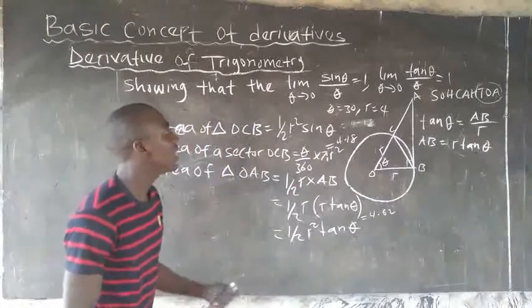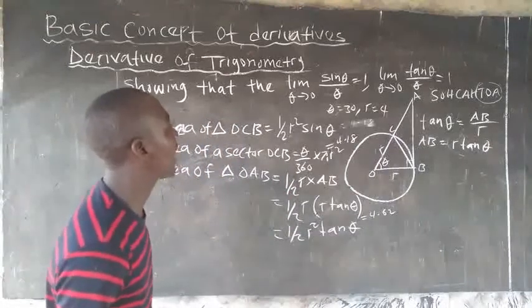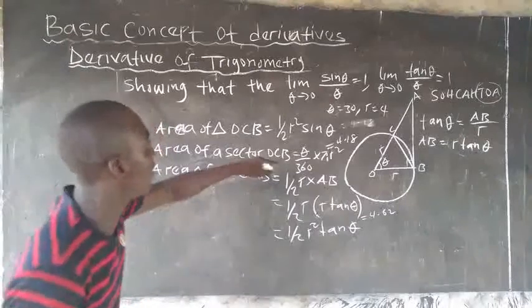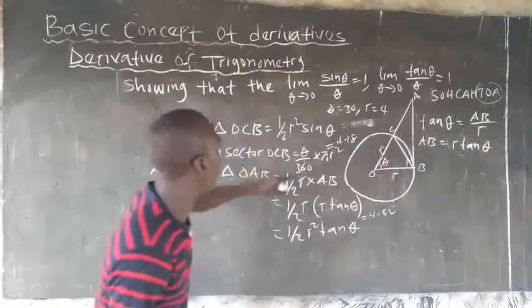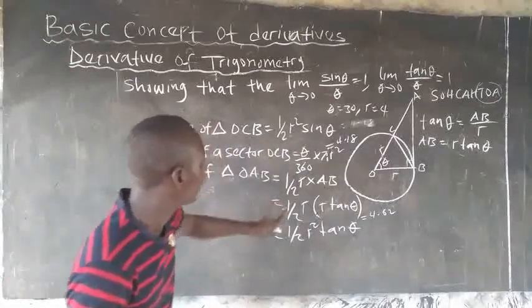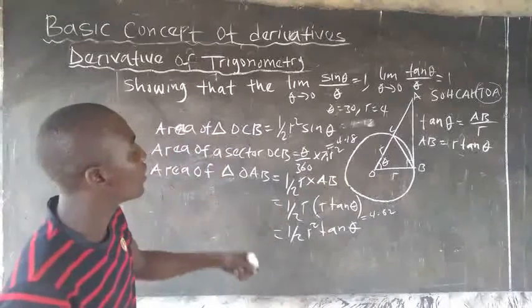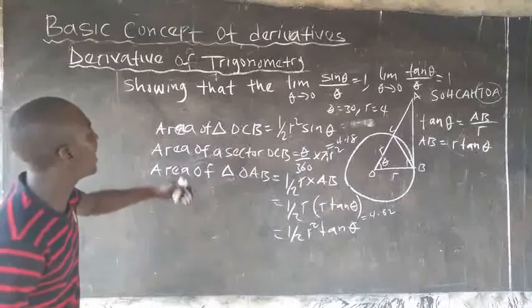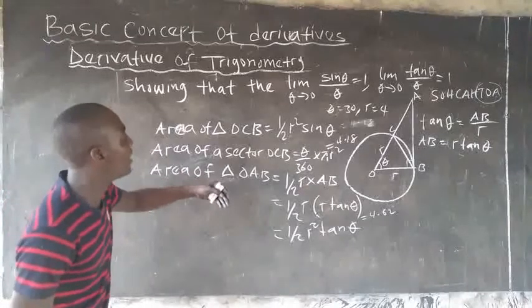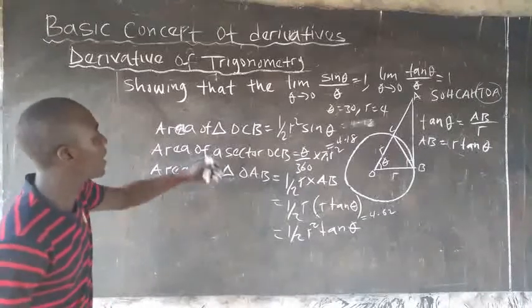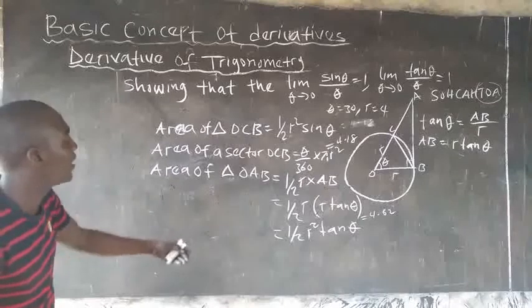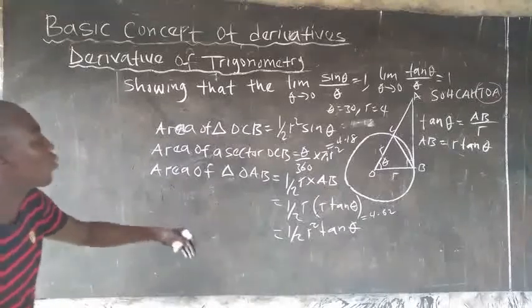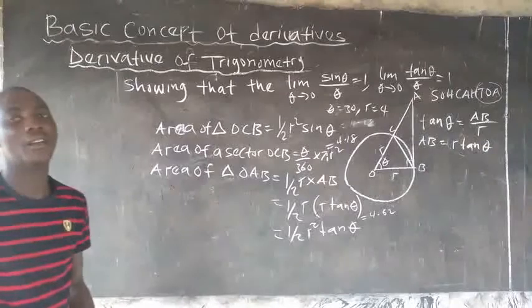Now let's take a look at this critically. This one is giving us 4, this one is giving us 4.18, and this one is giving us 4.62. That shows that the area of triangle OCB is less than the area of the sector, and the area of the sector is less than the area of triangle OAB.